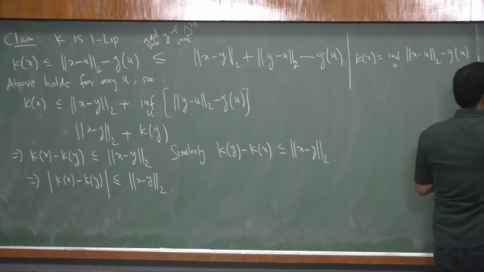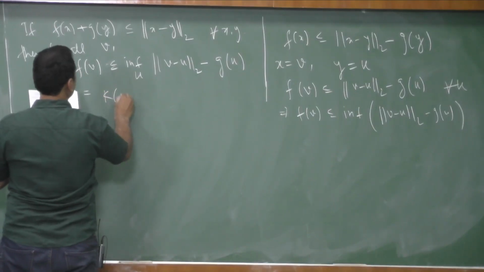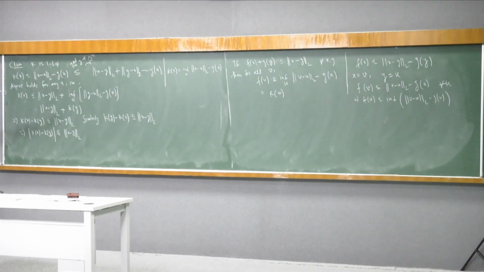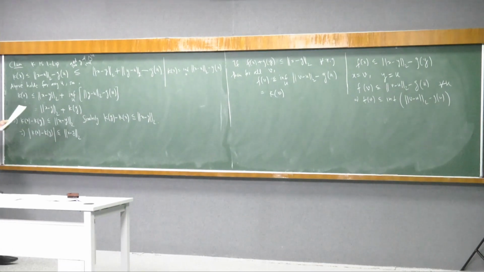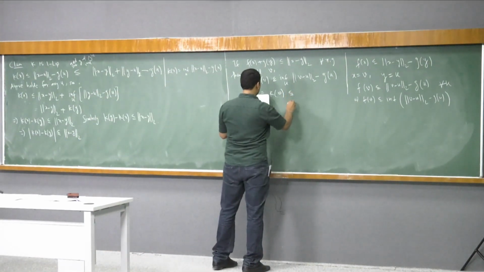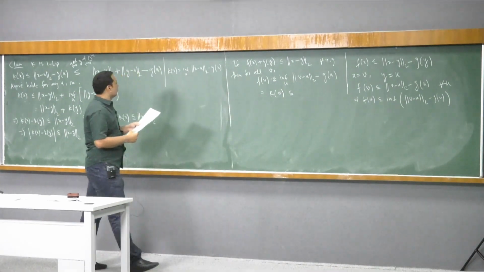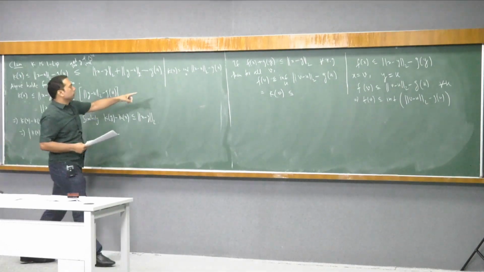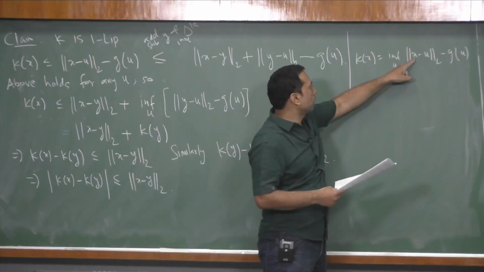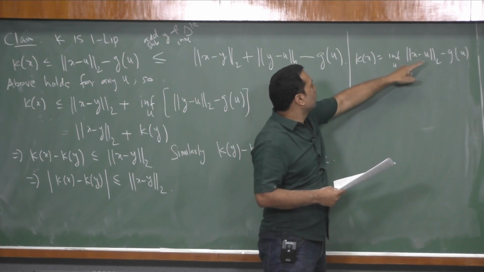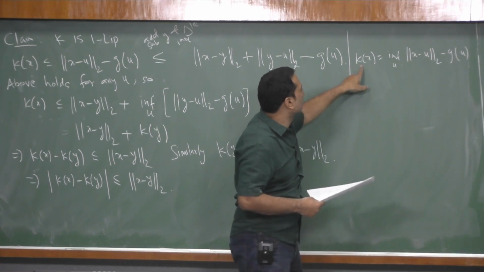We can see this as kv: in place of x I put v, then it's exactly kv. Now kv is an infimum, right? So since it is an infimum, if I instantiate x by u, then that will be greater than kx.